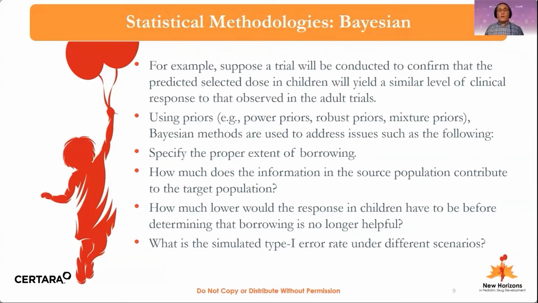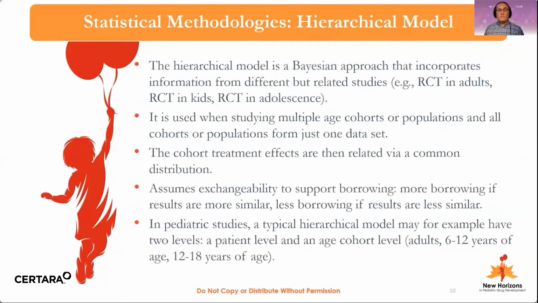Some of these include, for example: am I using the right prior? Would a better prior explain the known data? How much can I borrow? Where is the model borrowing from, and should I be borrowing at all? These are very important questions that should be properly addressed and validated when using Bayesian methods.